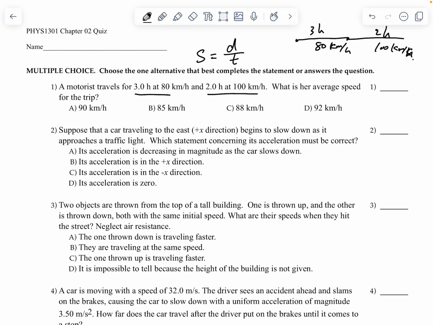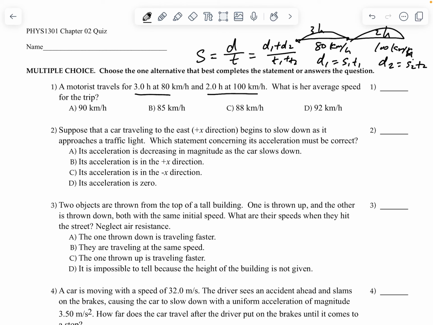For the first segment, the distance d1 equals speed 1 times t1, and for the second segment, d2 equals s2 t2. So the total distance is d1 plus d2, divided by t1 plus t2.